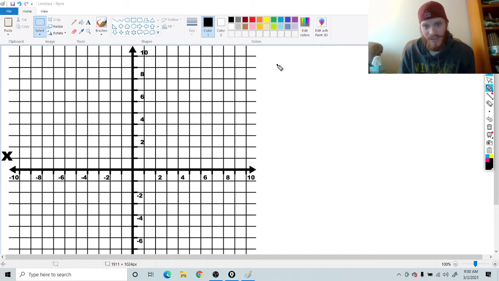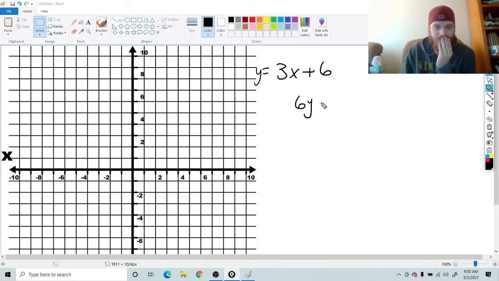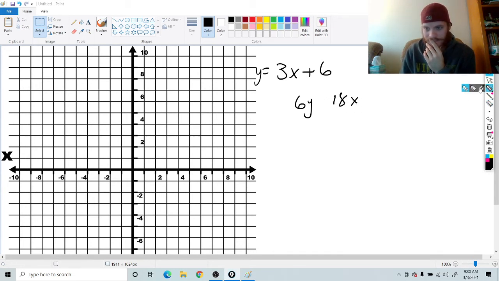Now, a lot of times you're going to see this in different forms, but you'll say y equals 3x plus 6, and then the other one it might give you is 6y minus 18x equals 36.